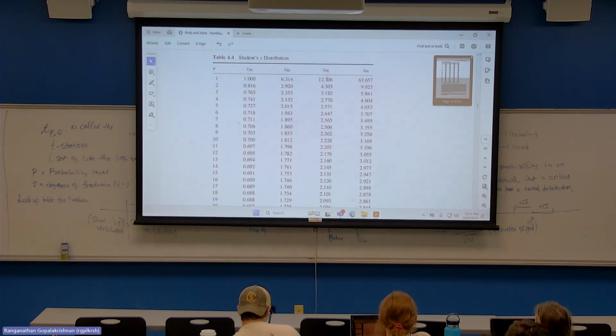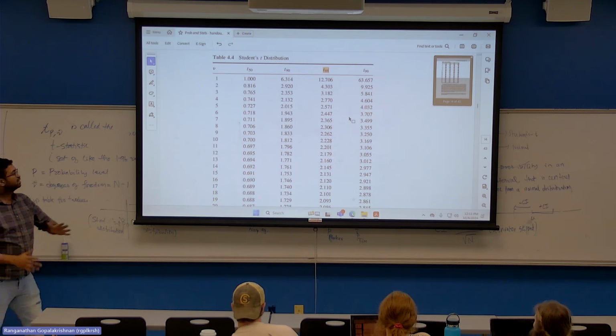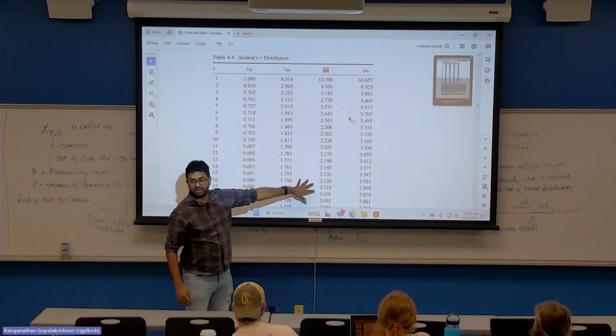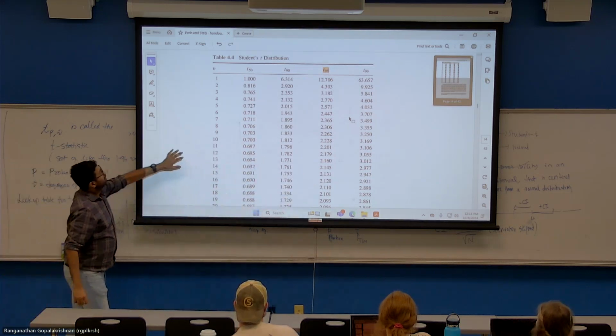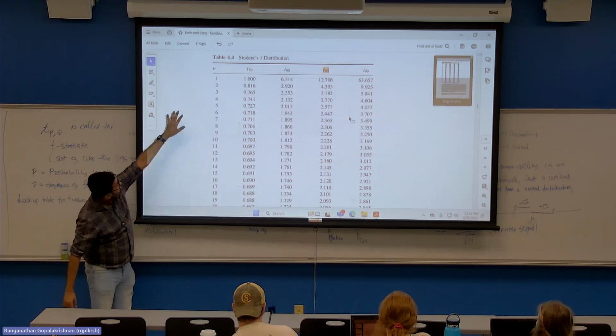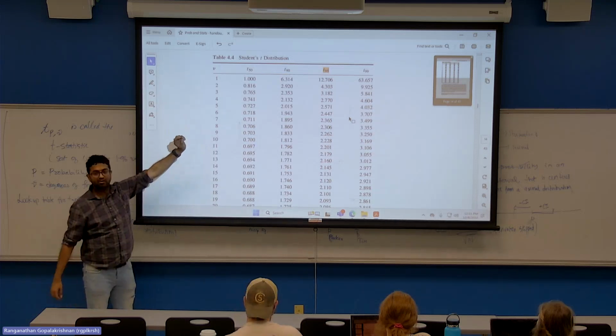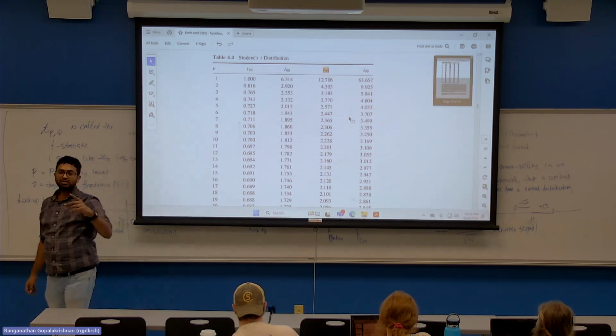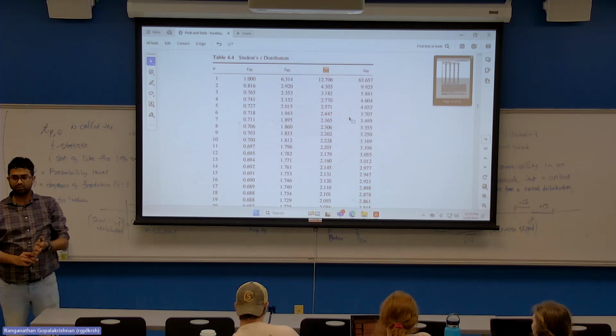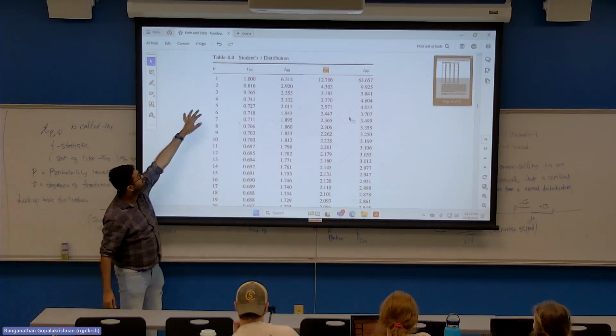Look at the third column, T95. Let's focus on that T95. That is like saying if I have a probability level of 95%, I will look at the third column, T95. Degrees of freedom starting with 1. Like if you made 4 observations and degrees of freedom is n minus 1, nu is 3.